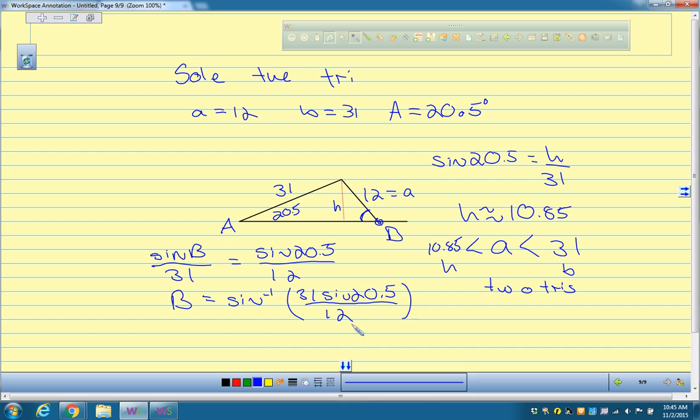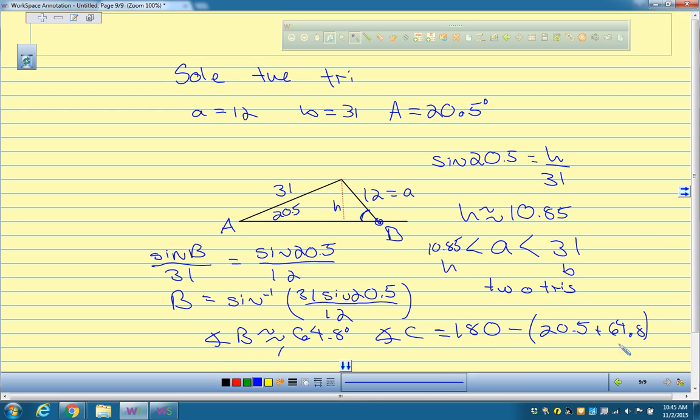And if I do that, I get that angle B is about equal to 64.8 degrees. And then I could find angle C is equal to 180 minus the sum of 20.5 and 64.8.